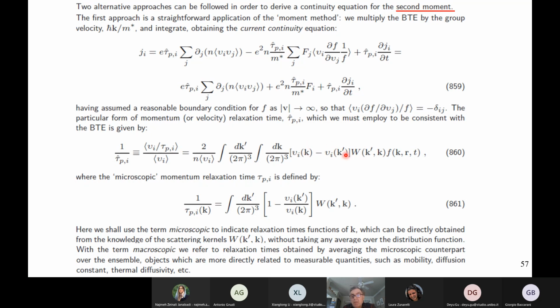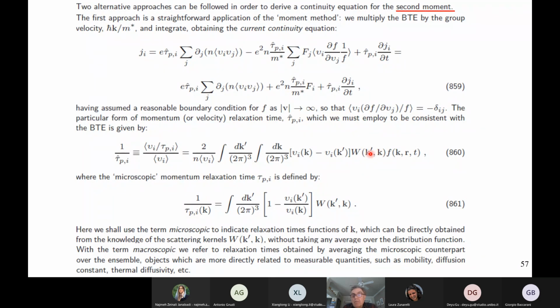This, divided by the average velocity, as I've written here, gives me the rate at which the velocity is dissipated. It makes a difference between the scattering rate and this object. The difference is due to the fact that I might have, depending on the angular distribution of the scattering probability here, this microscopic scattering probability.